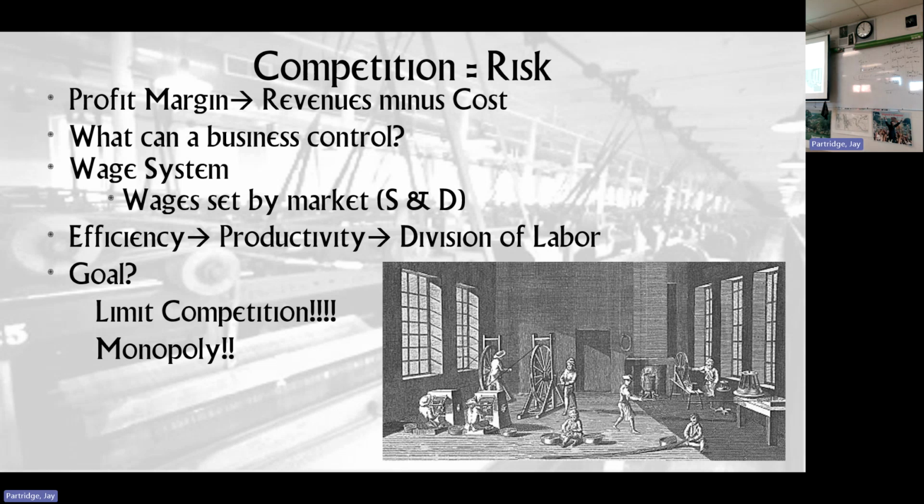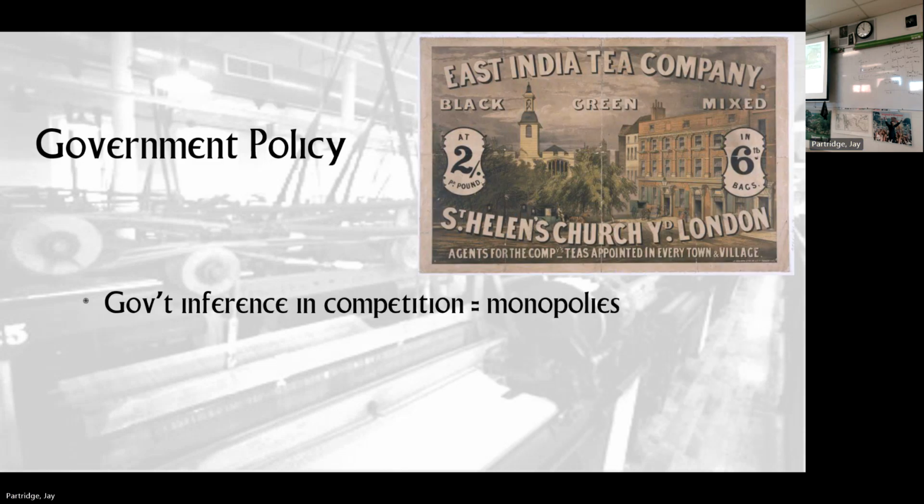By definition. So, government policy. What Adam Smith hated was the fact that government was creating monopolies. He specifically wrote about the East India Company. And government interference almost always seemed to create monopolies. Picked winners.